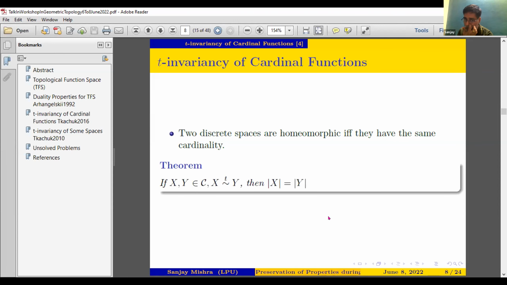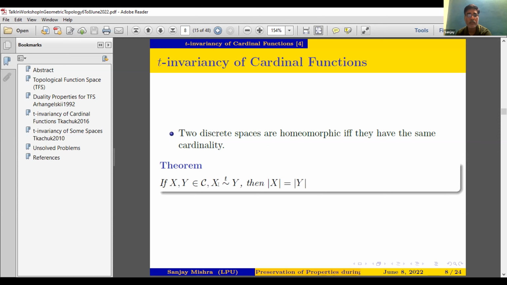Here this theorem comes: if X and Y are Tychonoff spaces and X is t-equivalent to Y, then definitely the cardinalities of X and Y are the same. The earlier question was that discrete spaces give the same cardinality, but here we consider any Tychonoff space, not only discrete spaces.